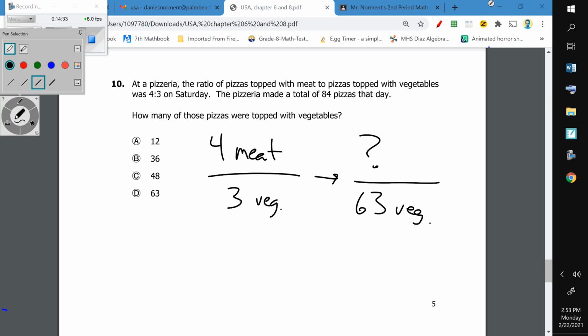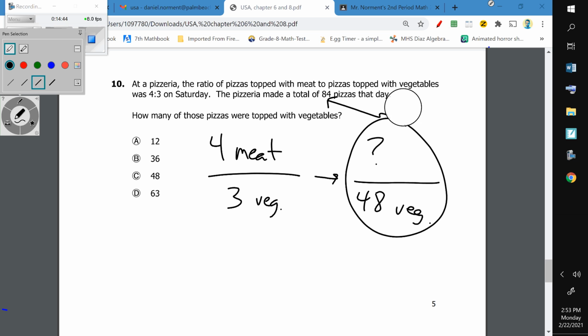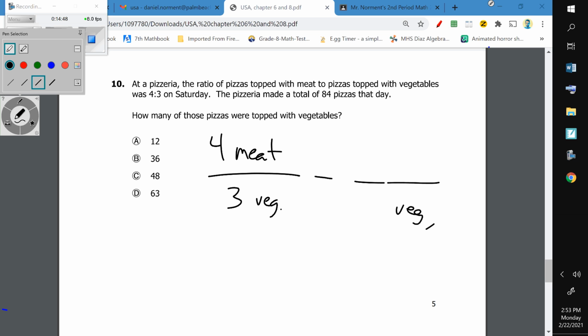And if that's too high, then you try 48. Whatever answer you get here, you add them up and it will equal 84. So if that's too high, then do 36 veggies.